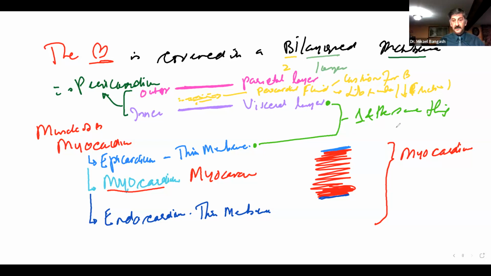But physically, she is one and the same person. Did that make sense? So what we call the visceral layer of the pericardium is physically the same thing. But when we consider it as a part of the myocardium, it goes under the name epicardium.